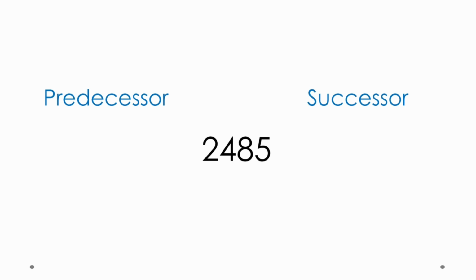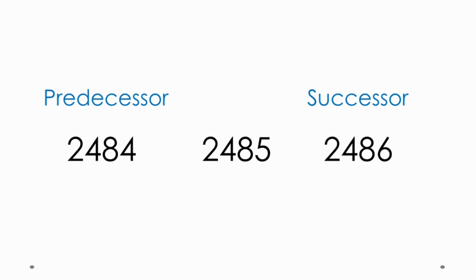Now, can you tell what is the predecessor and successor of 2485? You got it right if you think 2484 is the predecessor and 2486 is the successor. So, go back one step to get the predecessor and go forward one step to get the successor.